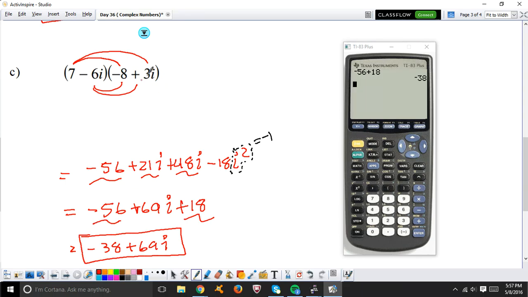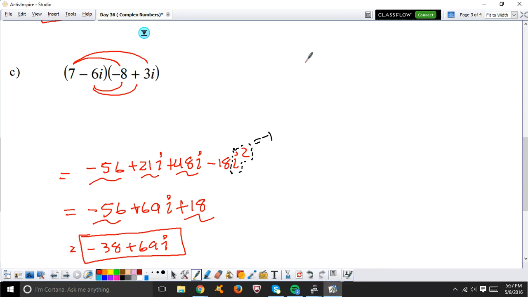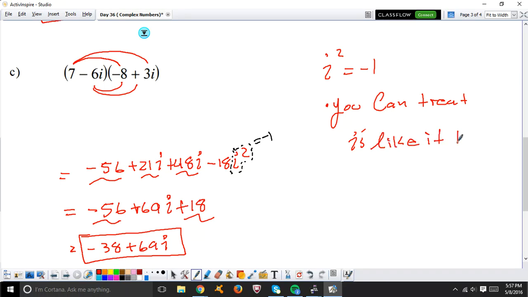Again, you can follow the same ideas here. You can follow the same ideas as if it was regular numbers or if it was just a variable x. But the only difference is that i to the second, that's equal to negative 1. And you can treat i's like if they were variables.